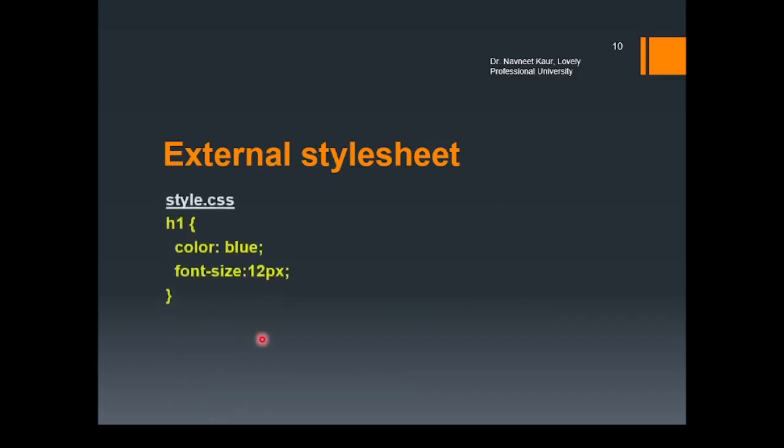And this is how your CSS file will look. You can see that the syntax is exactly like an internal style sheet. The only difference is that we don't have a style tag here. So the syntax is exactly the same. You need to have a selector, the curly braces, then property and value pairs.